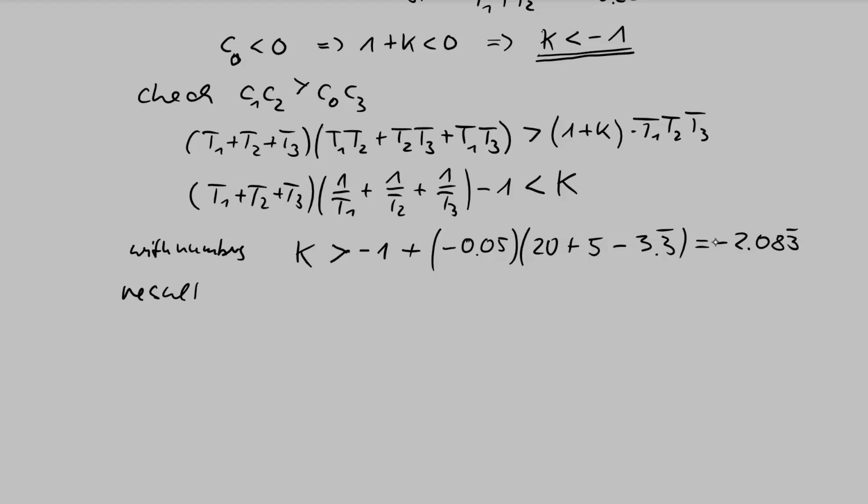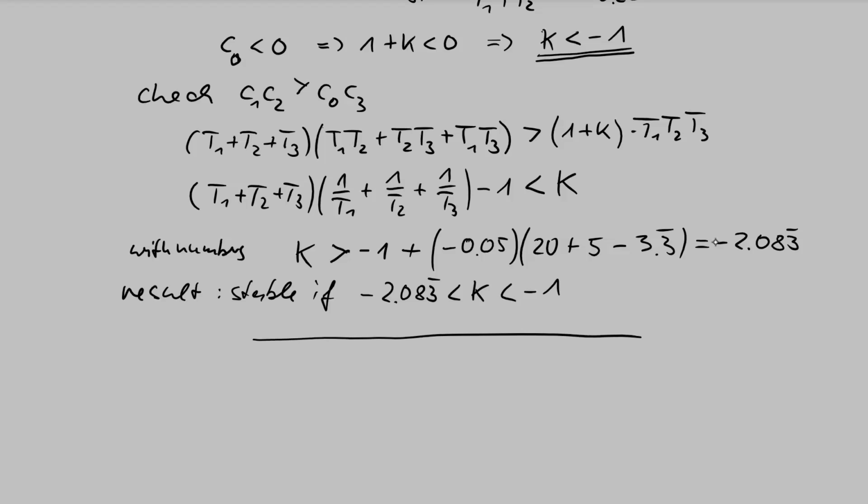So we get a result which is very astonishing. The result is the system is stable if and only if negative 2.083 is smaller than k, and k is smaller than -1.